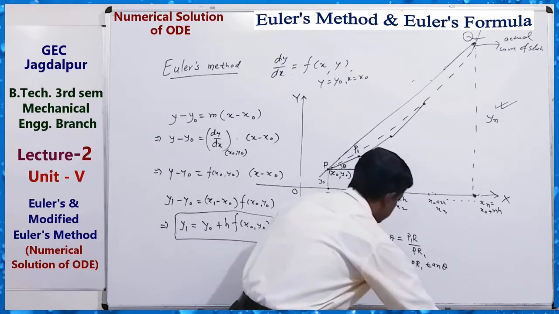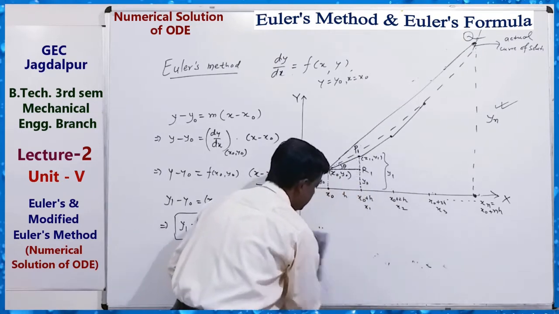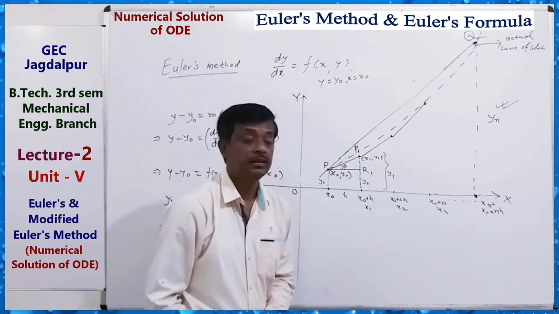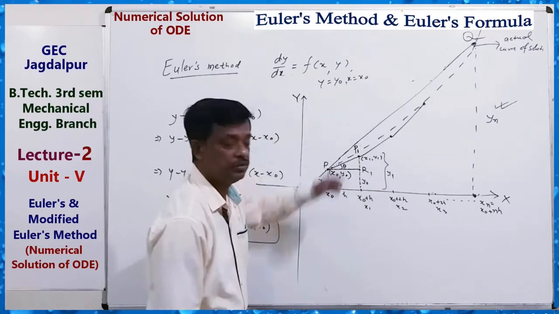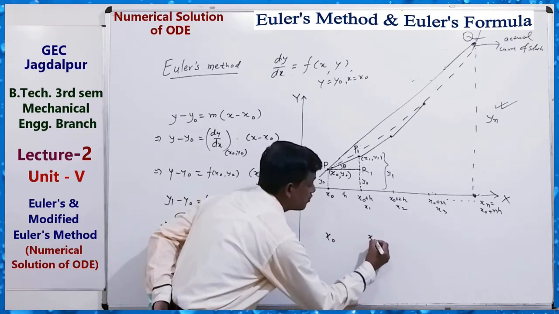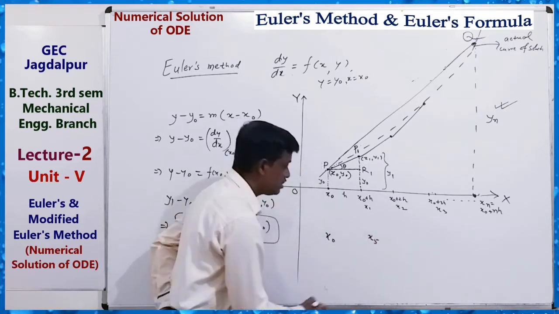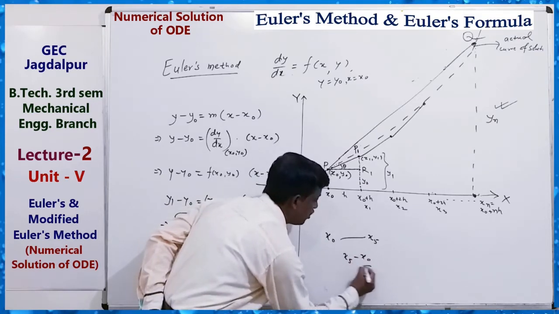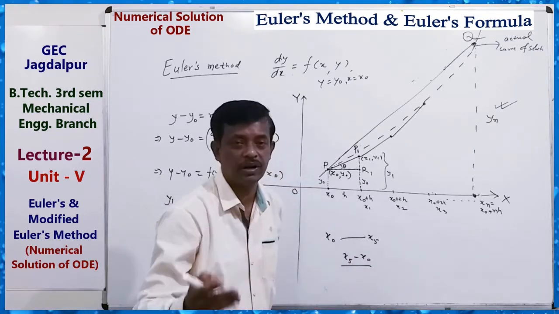So for dividing an interval, what is the meaning of interval? Initial value x0, and if our targeted value is x5, then this interval x5 minus x0 is divided by the number of parts, whether 4 parts, 3 parts or 2 parts.